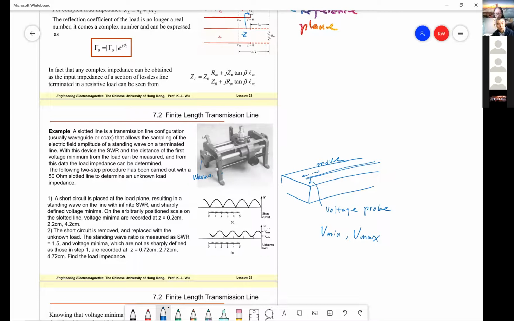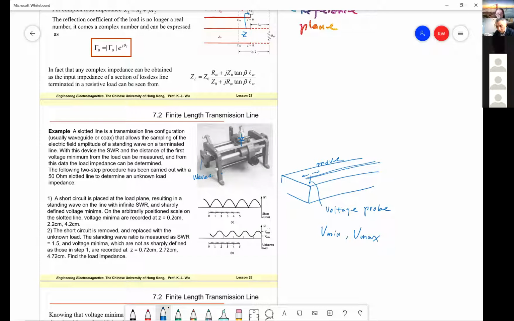This is a device I used when I was a graduate student in 1982 to measure antennas. Nobody uses it right now, but we still have one in our lab. If anyone is interested, you can contact me. Then we have a diode here, to convert the field into a voltage, so we can measure this voltage.